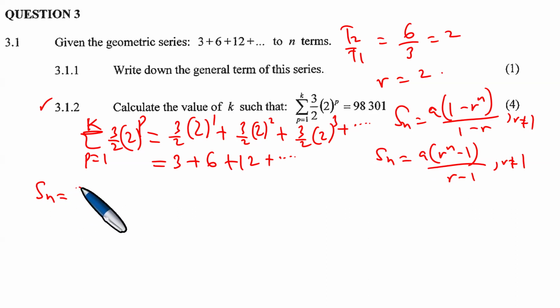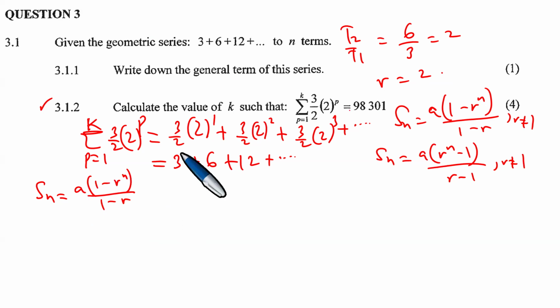Let's use 1 minus R to the power n divided by 1 minus R. It gives the same answer. Somebody will argue that if the constant ratio is bigger than 1, like 2, then you need to use the other one, but it's just bureaucracy. So let us use this.